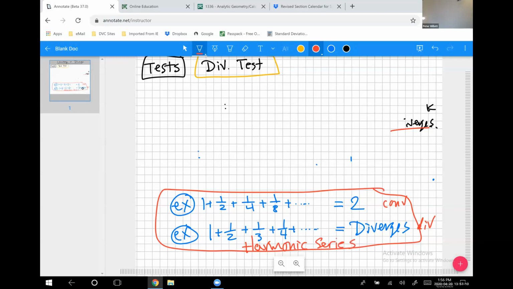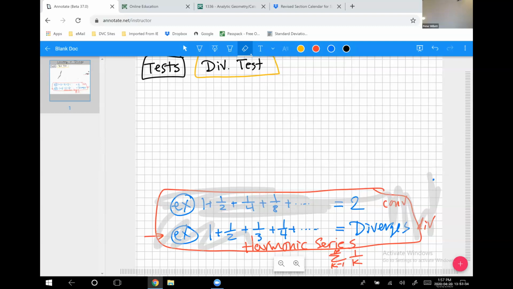When you just have 1 over k, the series of 1 over k that I listed as the second example, that's called the harmonic series because it's very, very important. I'm going to try to leave up and accumulate some tests, which means some sloppy erasing from time to time.